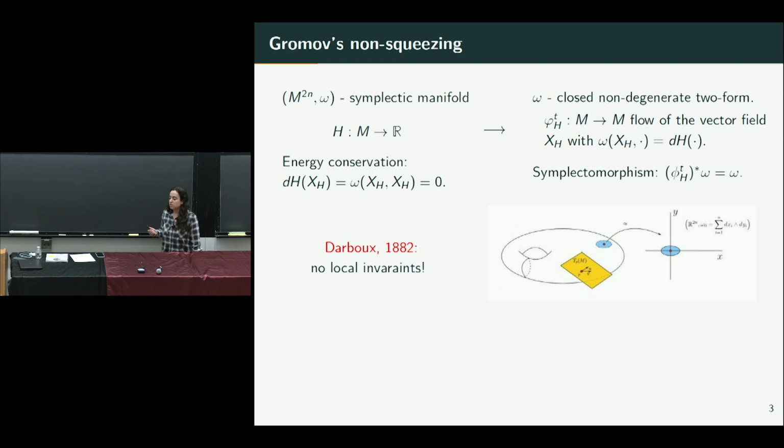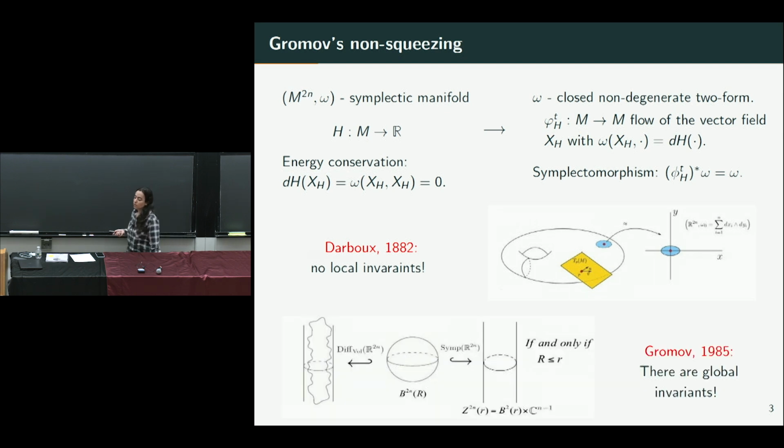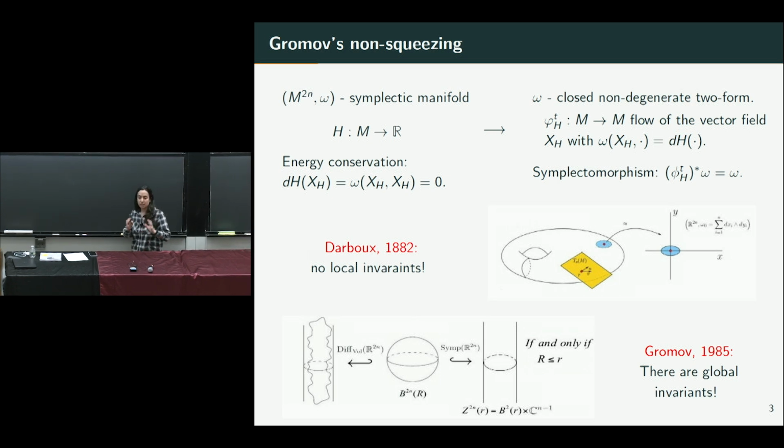This question was resolved with the famous Gromov non-squeezing theorem, which states that a ball of radius r can be symplectically embedded into a cylinder of radius R if and only if its radius is smaller, meaning if and only if the ball is already lying inside the cylinder.